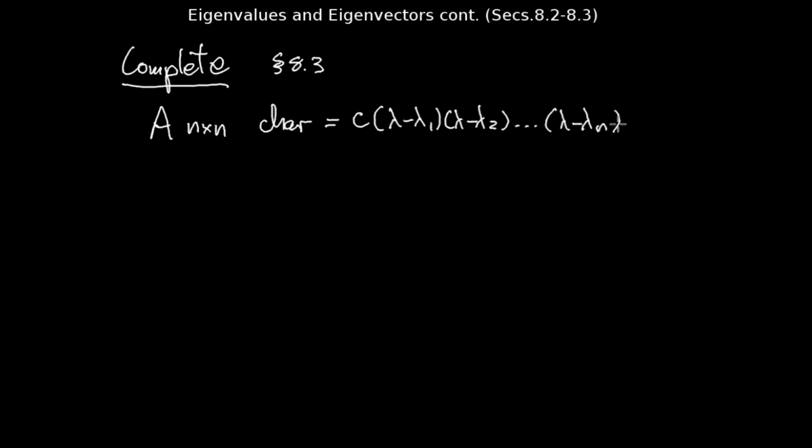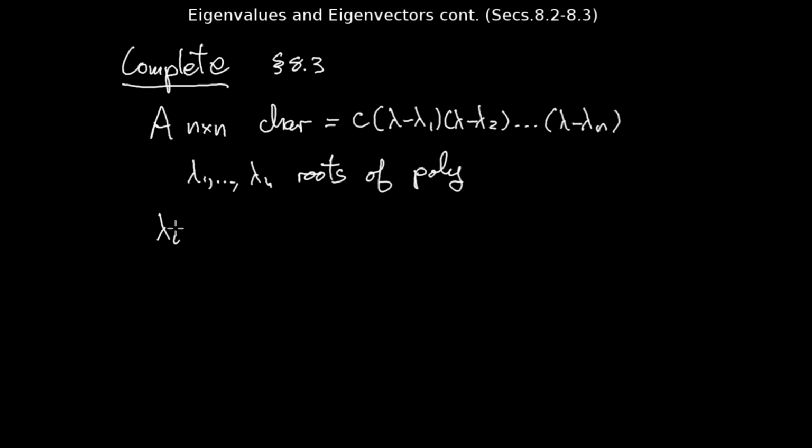So you might as well think that we're working over the complex numbers, and that this always happens over the complex numbers. The fundamental theorem of algebra says you can always factor a polynomial of degree n like this. And lambda 1 up to lambda n are the roots of the polynomial, and they might or might not be distinct.